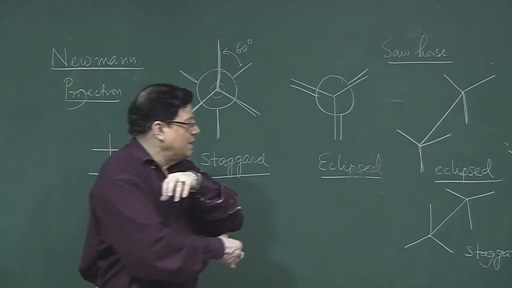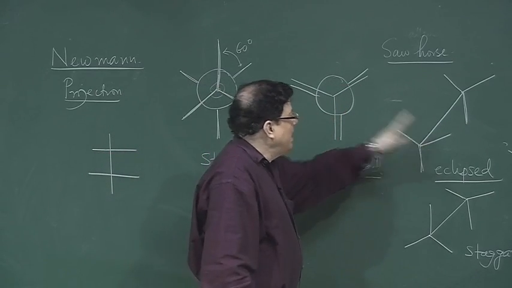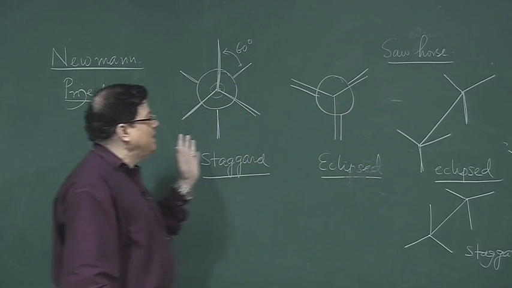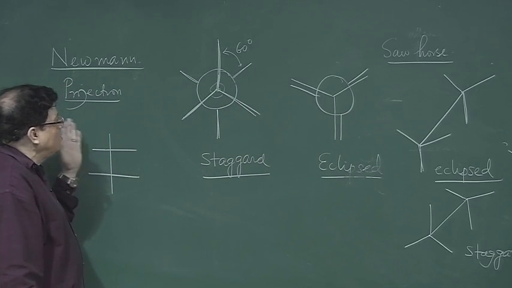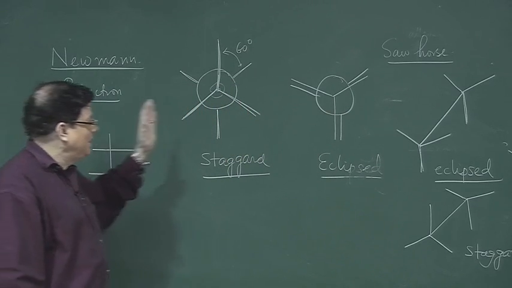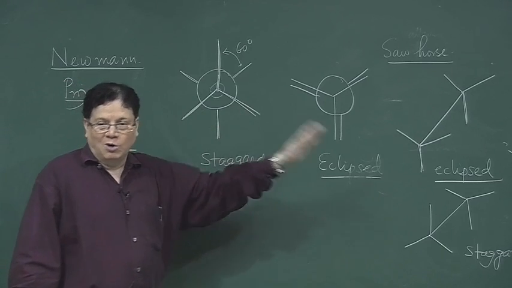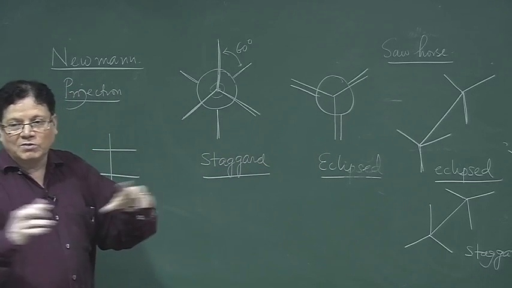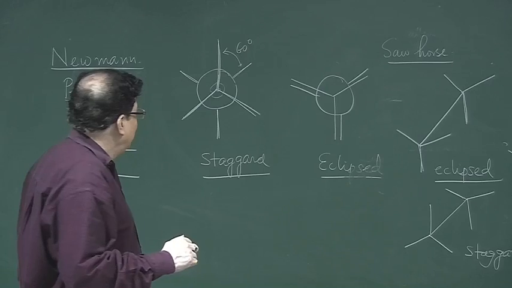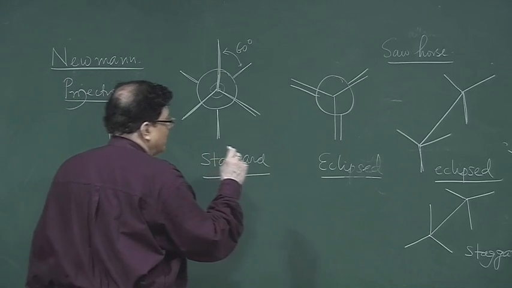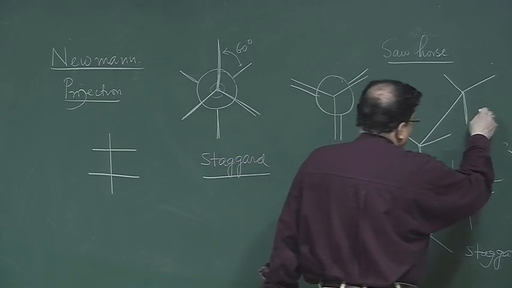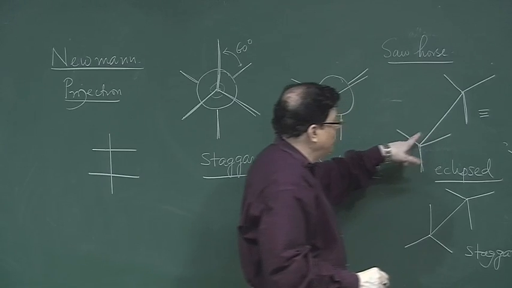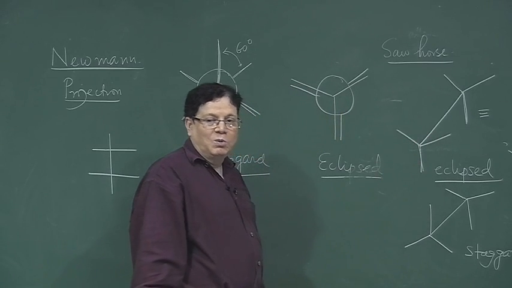Okay. And the problem can be given of how to convert a Fischer projection into a Newman projection or a Sawhorse or vice versa, the interconversion of all these things. Now, one thing I should also write here is the wedge formula. If you convert it into the wedge formula, how will it look?